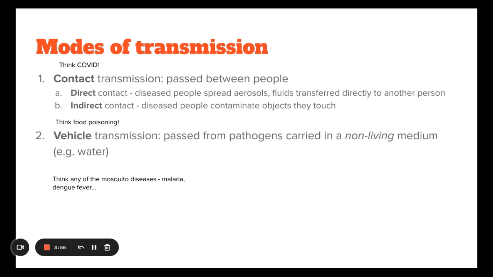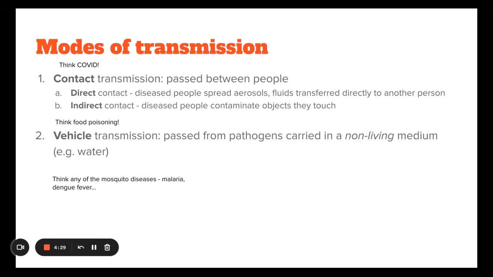Two, vehicle transmission. Vehicle, right? Think about you getting in the car and moving from place A to place B. What is that? Well, it's when the pathogens are carried in a non-living medium, right? So non-living things like water, in food, very commonly. Think about how you get food poisoning, right? So food poisoning happens when food is spoiled. Often it is caused by E. coli and the overgrowth of E. coli.